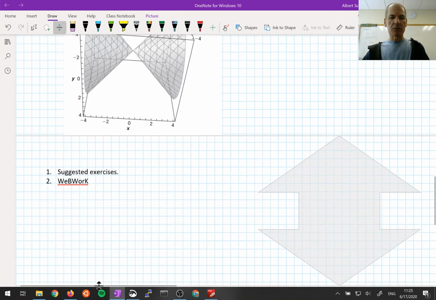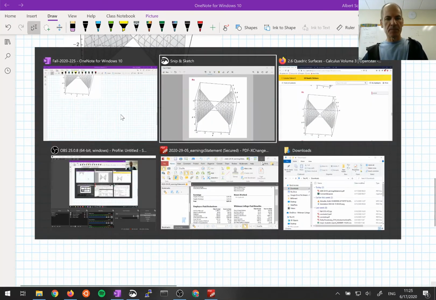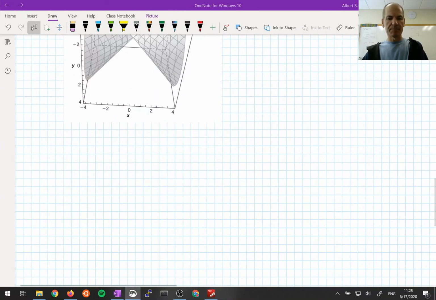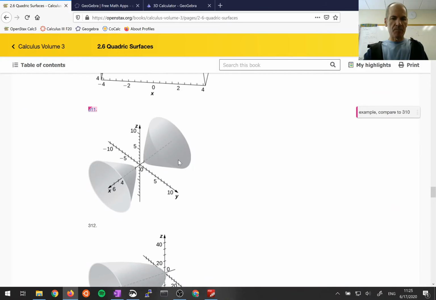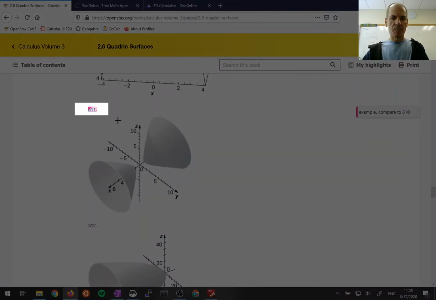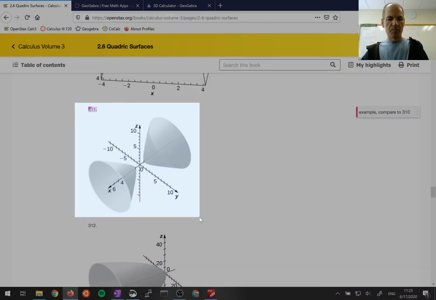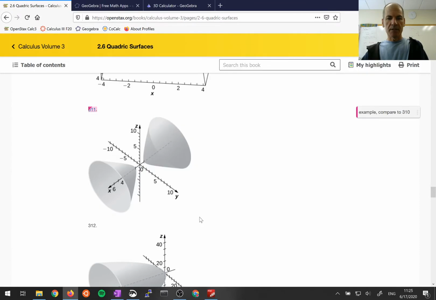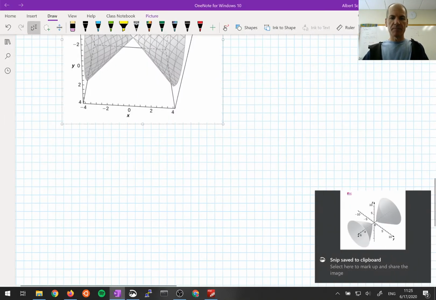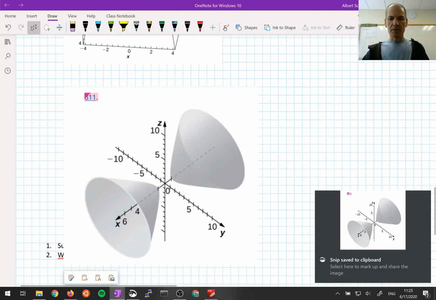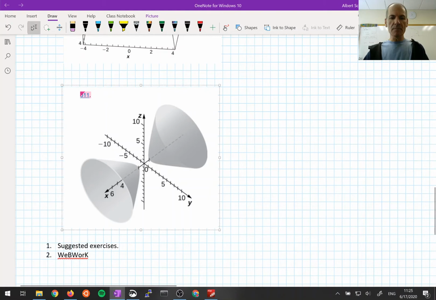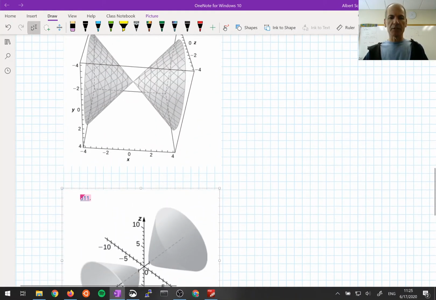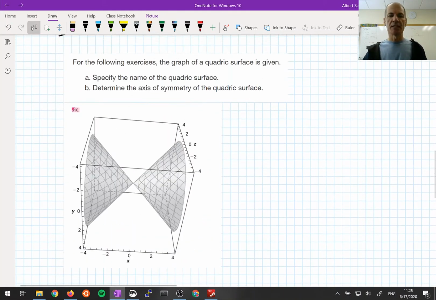And grab the next one, 311. All right, almost got our ducks in a row here. Also coming in quite large. Let's shrink it down a little bit. All right, we've got these two figures, which we really can't even get on the same page.